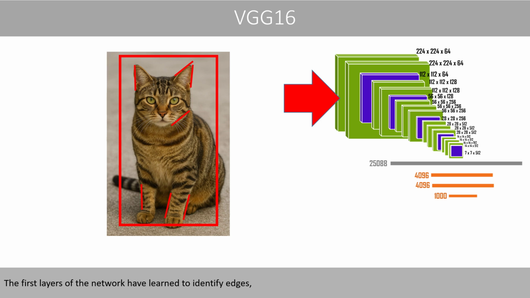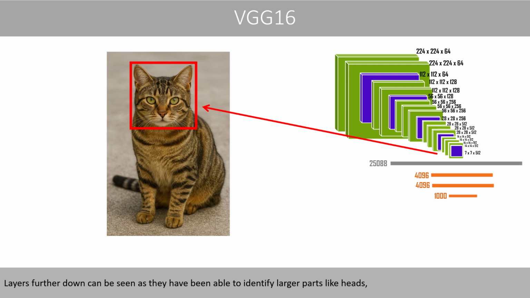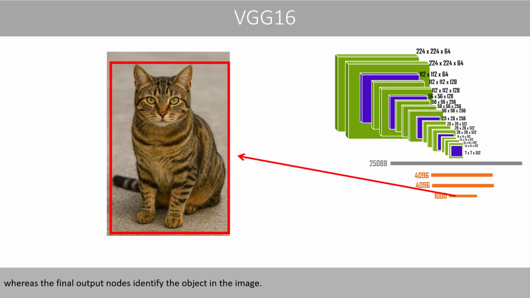The first layers of the network have learned to identify basic edges, whereas the layers in the middle have learned to identify things like eyes, ears, and tails in images that include, for example, cats. Layers further down have been able to identify larger parts, like heads, whereas the final output nodes identify the object in the image.